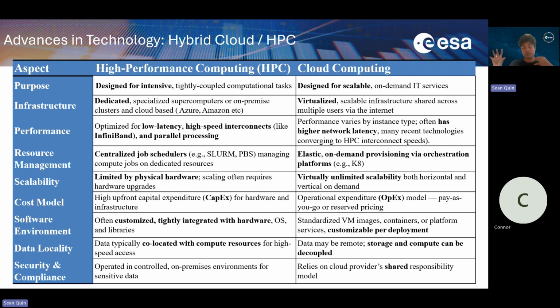Software environment is a big one, again the whole aspect of porting your own application versus having solutions that already exist through images, containers, etc. The data locality is quite different between both: whilst the cloud has storage that is not required to be coupled with the compute, HPC systems require the data to be hands-on with the compute resources allocated for the job. Security and compliance are something else, but also a concern for a lot.